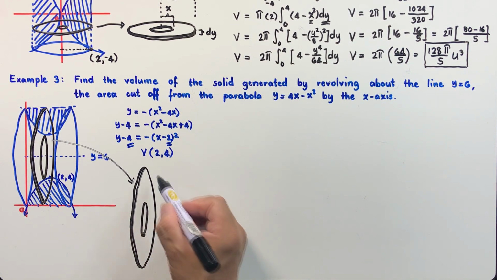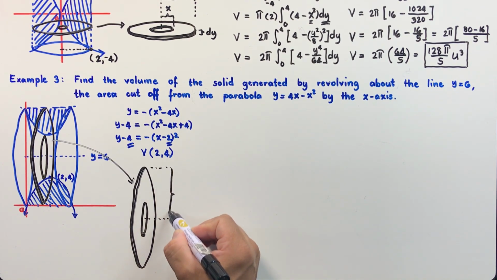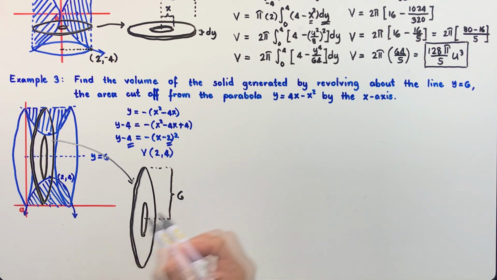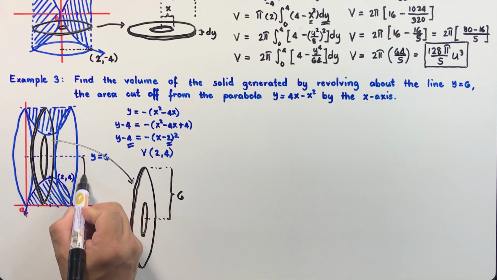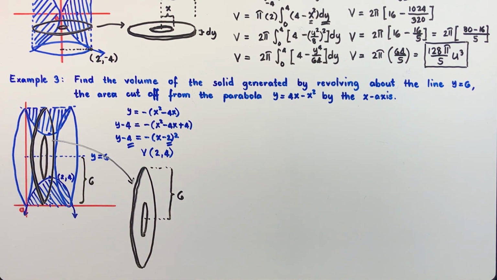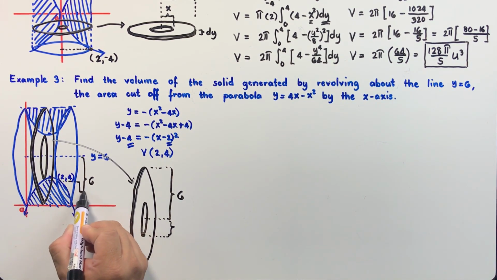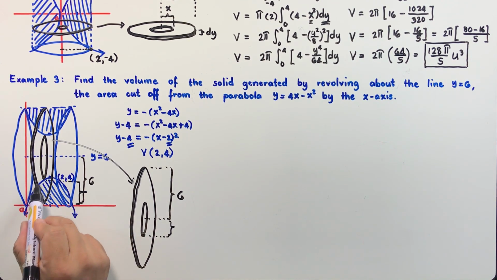Now take note that the radius of this is 6, because this one is 6 units from the axis of rotation. But this smaller circle, which is hollow at the center, is obtained by subtracting this 6 by this one here, because this one is the y of this curve.